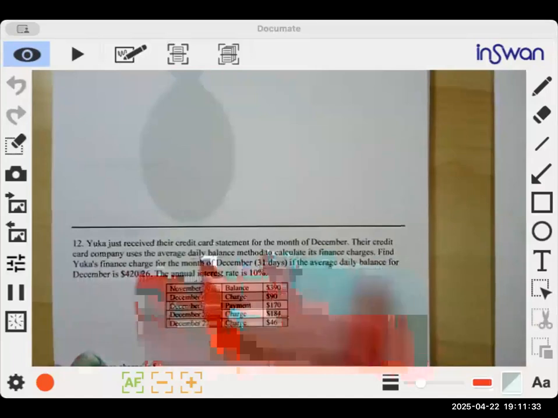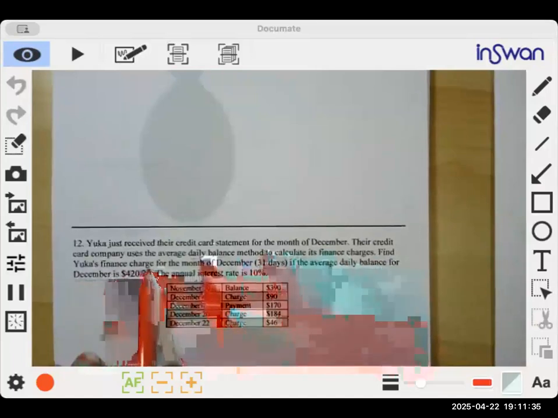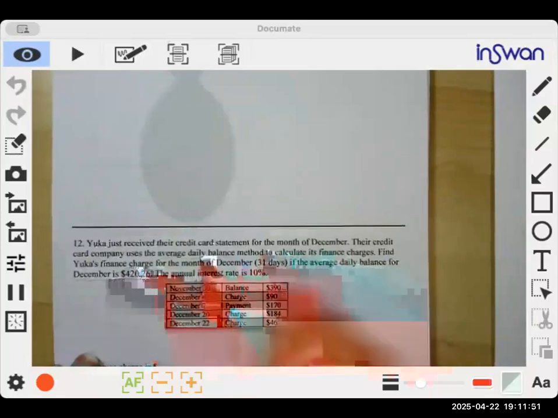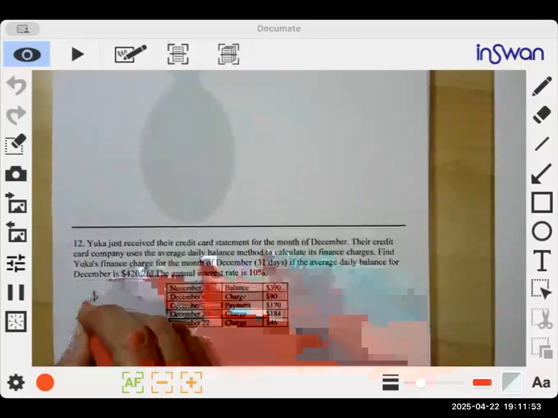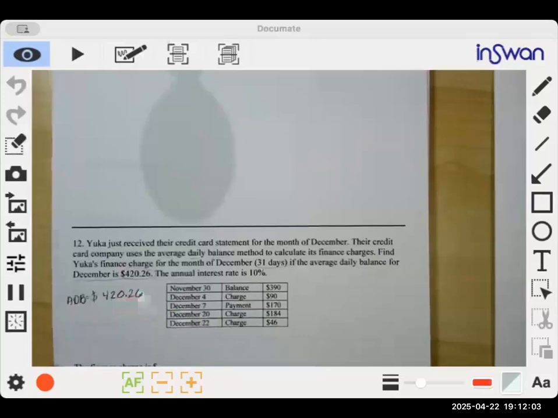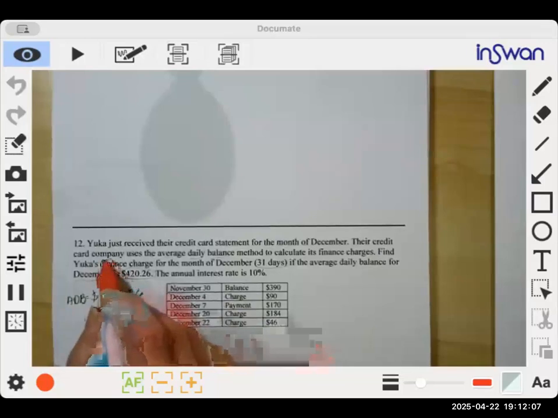If the average daily balance for December is $420.26. So we already have the average daily balance, and that is $420.26. So we are calculating the finance charge.